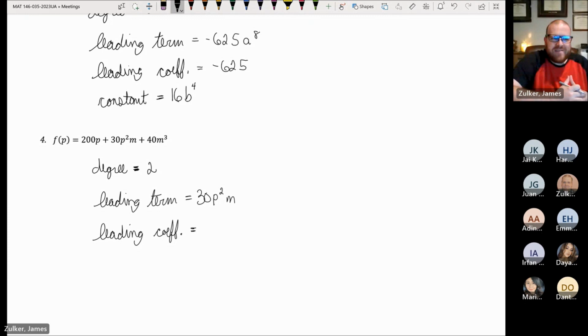Sure about that? Yes, it would be 30m. Again, because we're dealing with a function of p only, meaning that while m is an unknown, it is still a constant in terms of this function.